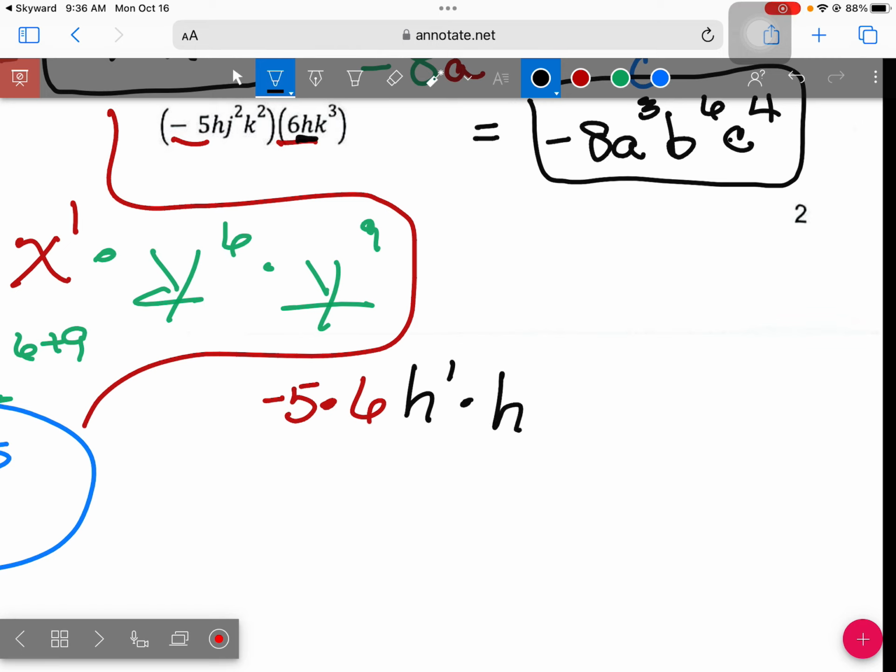Ooh, another one without an exponent. Put a 1 on it. Then I have j to the 2nd. Oh, that second term does not have a j. That's okay. So it just stays by itself. And then the last one, I have k to the 2nd times k to the 3rd.